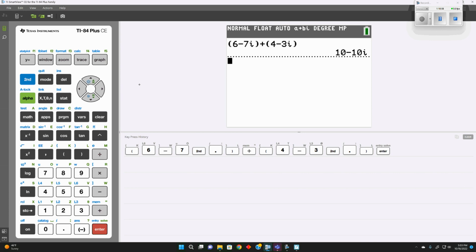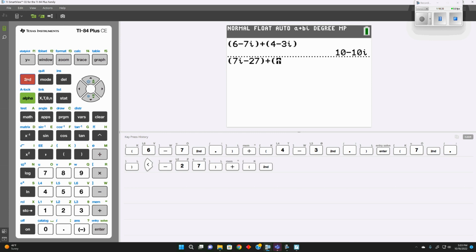For the next one, I can say (7i, not close parentheses, minus 27) plus (3i minus 2). So even though I came first this time, it doesn't matter.